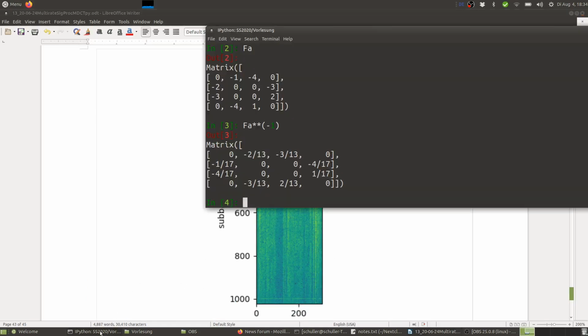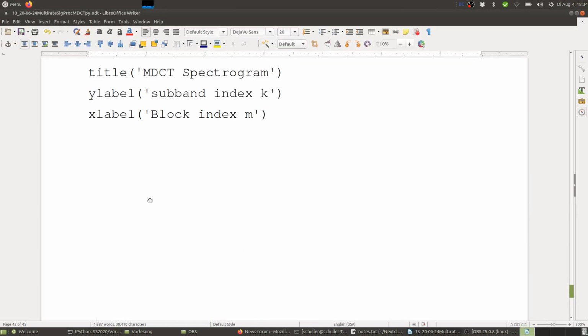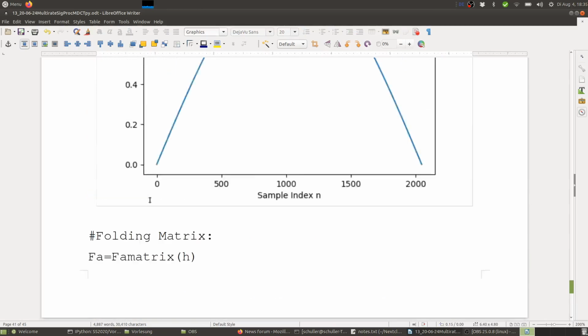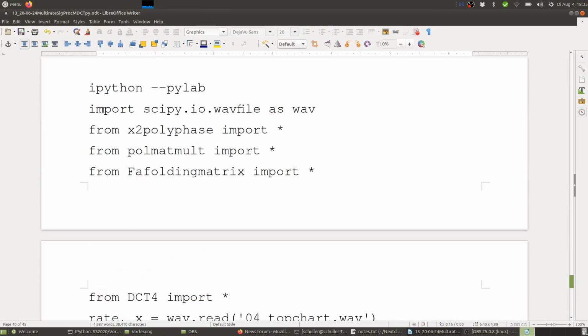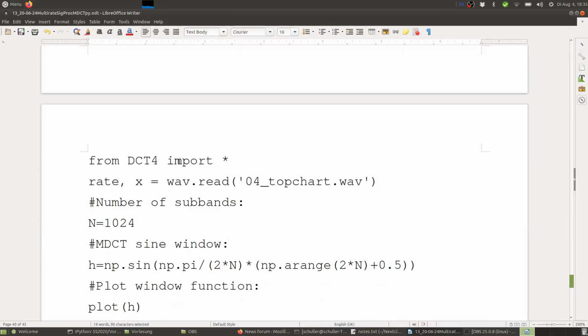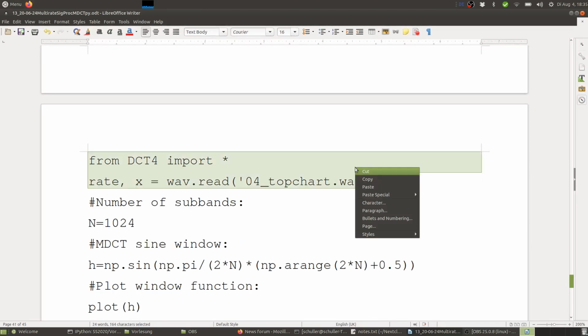So let me try this implementation, see if I get it to work. So again, using Pylab, I'm already in Pylab, doing all the importing and then reading of the file.